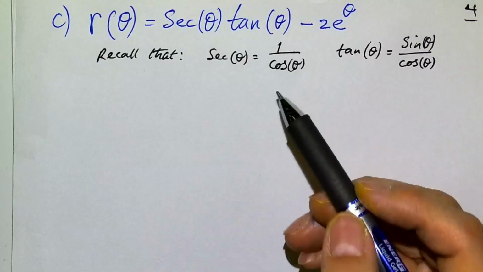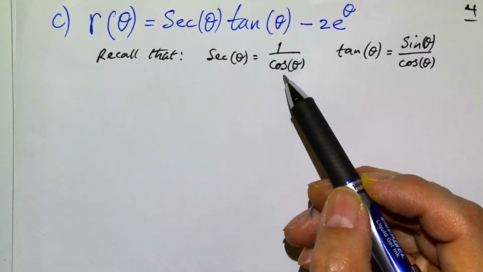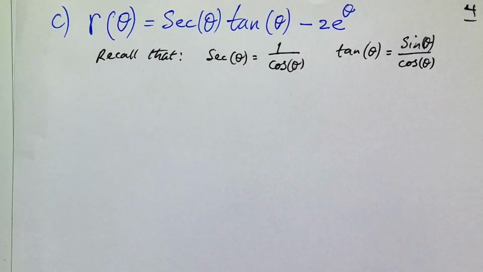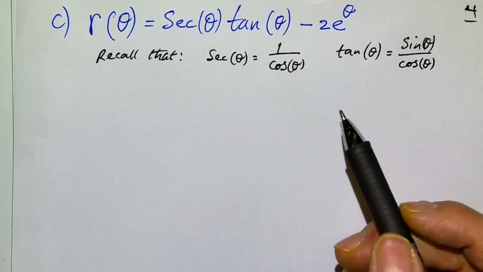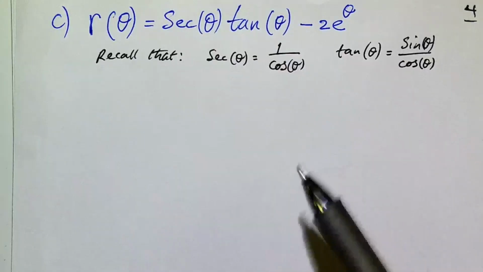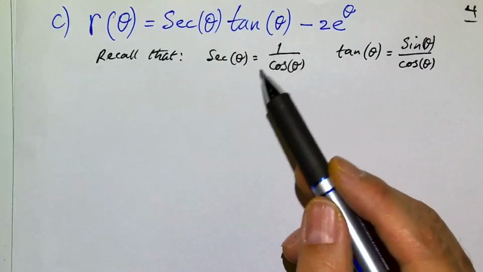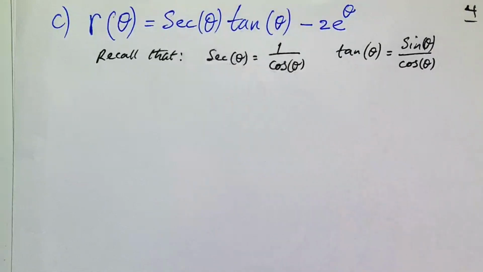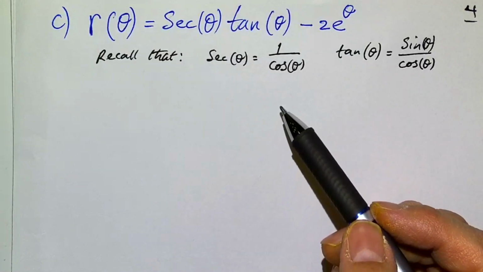We cannot have any of those values or their negative equivalents, minus pi over 2, minus 3 pi over 2, and minus 5 pi over 2, in the domain of this original function, because it would make this derivative undefined.